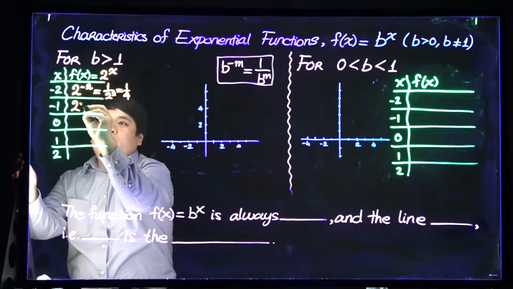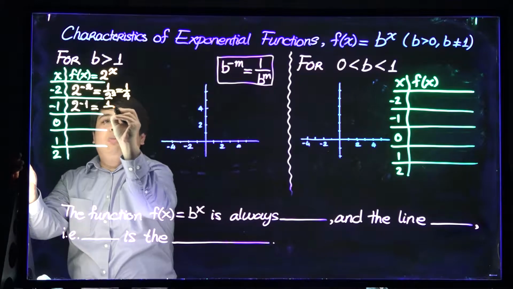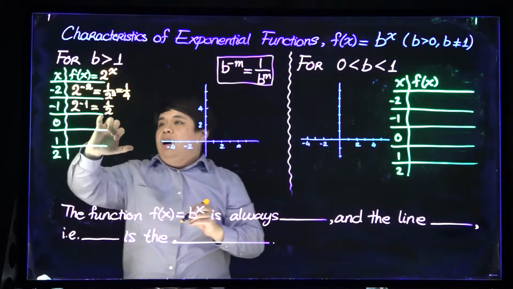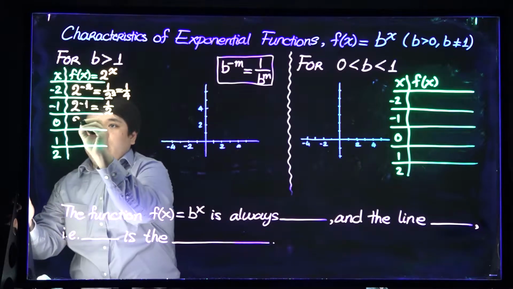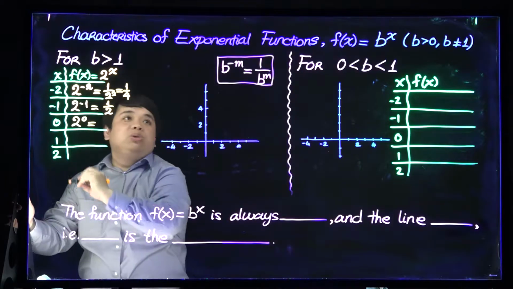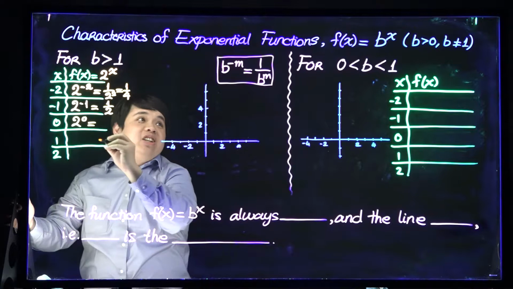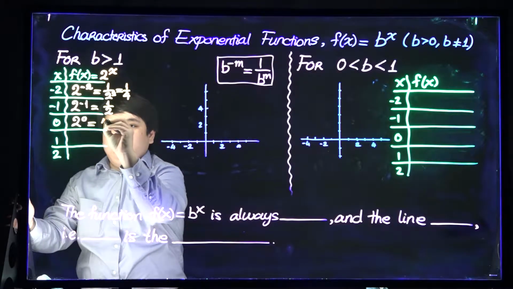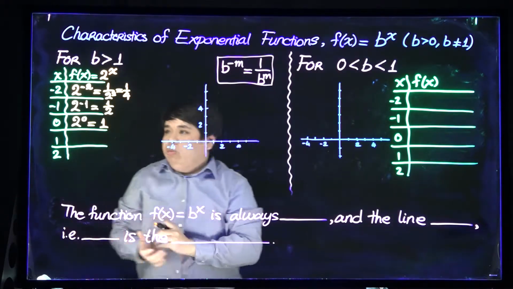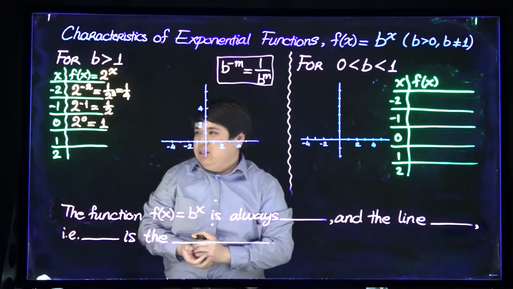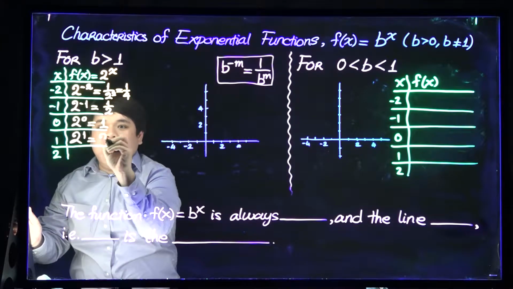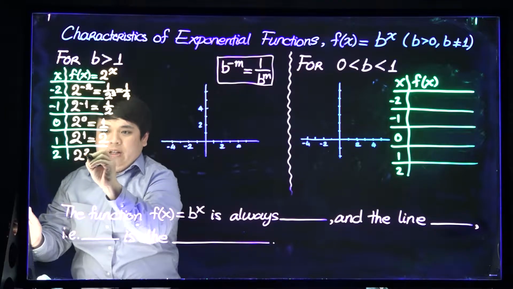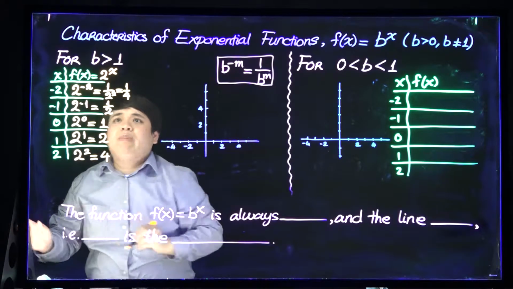Likewise, 2 to the negative 1 is 1/2. 2 to the 0 power, anything raised to the 0 power is 1. We will get back to that in a minute. 2 to the first power is itself, and 2 squared is 4.